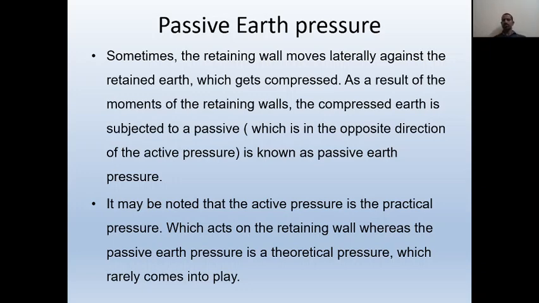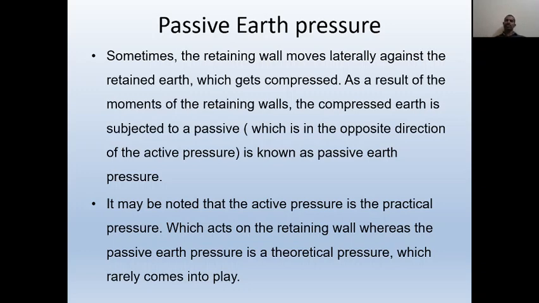Due to some circumstances, below the earth strata over which you want to construct the retaining wall, there may be a hard strata in the form of a gradient or slope towards the backfill, and when you construct a retaining wall, due to settlement it will try to move towards the backfill. There may be such a chance owing to foundation conditions and some special conditions.